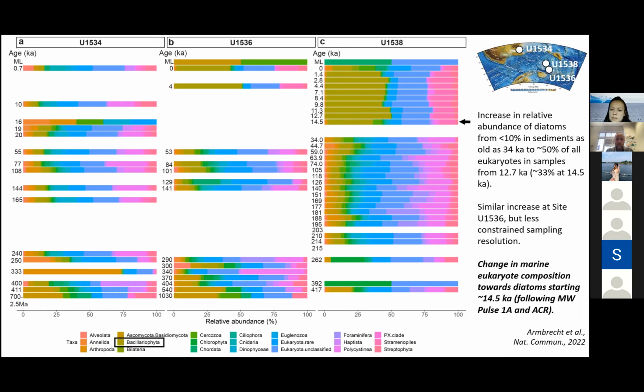This coincides with some short-term warming in Antarctica. It's quite a well-known time following a meltwater pulse, when this region was undergoing significant changes, and we can see this picked up not just in the relative abundance of the diatoms, but also in the composition, because we found a higher influence of open ocean diatoms at that time. We're looking into this in more detail.